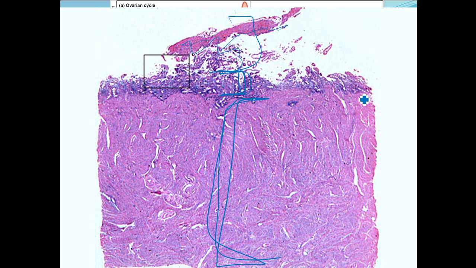So be able to distinguish between the proliferating phase, secretory phase, and the menstrual phase. It's pretty obvious. In the proliferating phase, the uterine glands tend to be small and the functional layer is not as big.